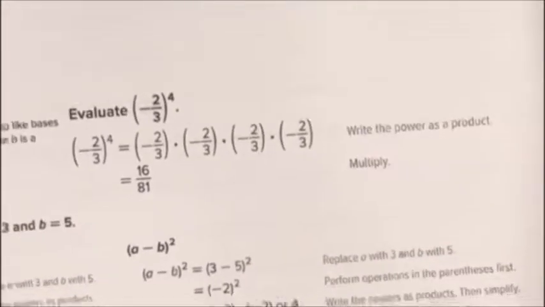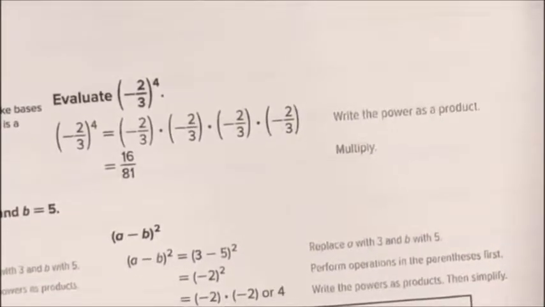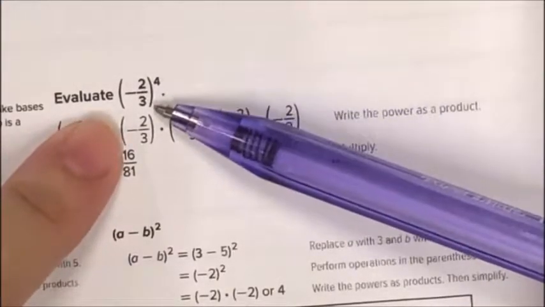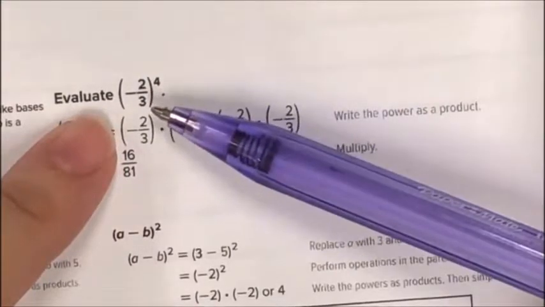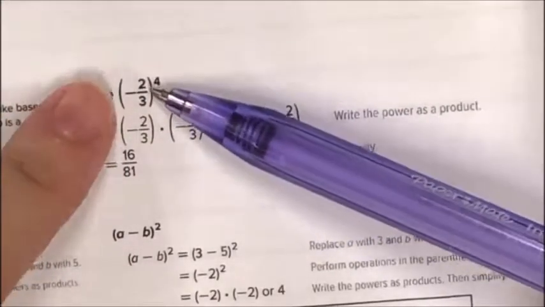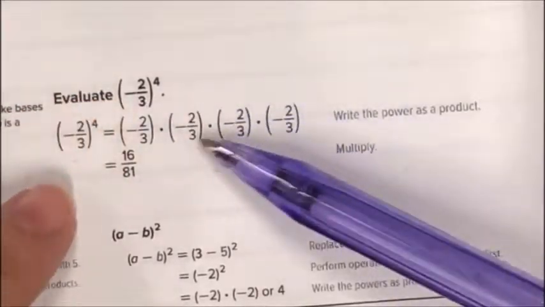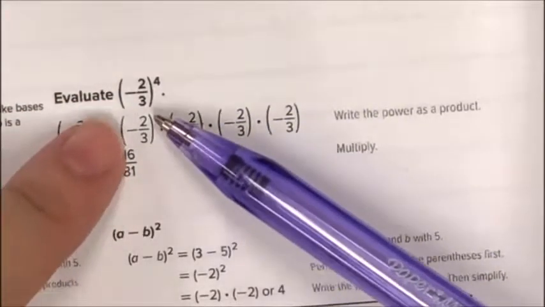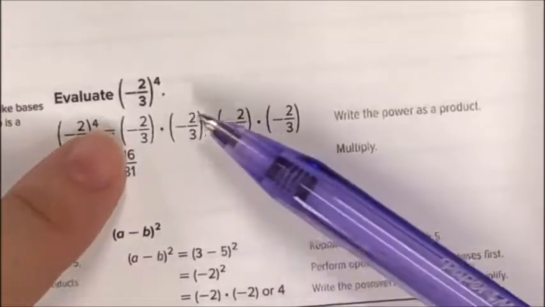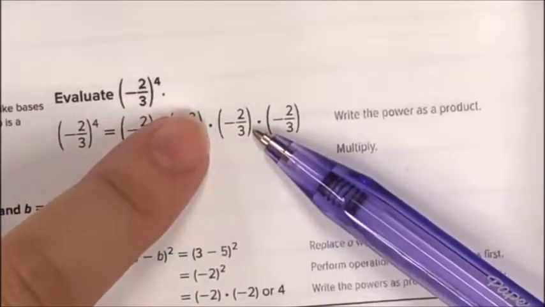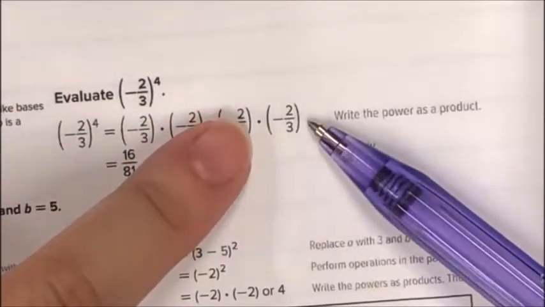Okay? The second type of expression I have is evaluating something. So I'm going to take negative 2/3 to the 4th power. Now what this tells me is I'm taking everything inside the parentheses, the whole thing, and I'm multiplying it by itself 4 times. So negative 2/3 times negative 2/3 times negative 2/3 times negative 2/3.